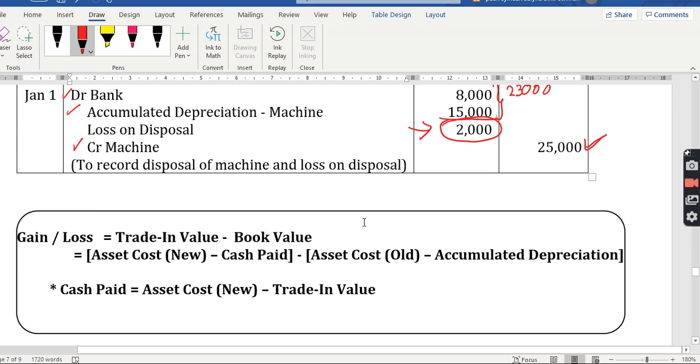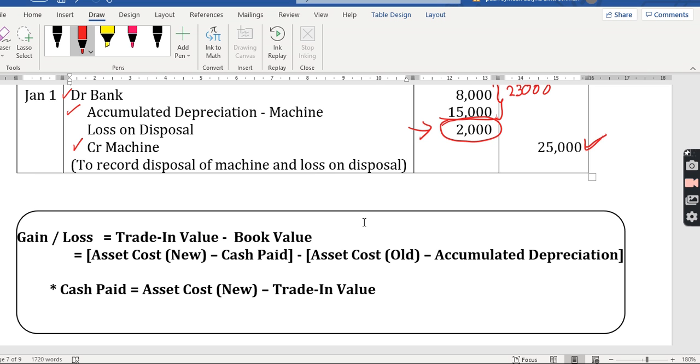Now we're going to see how we journalize our transaction if we are doing a trade-in. In the question, normally you are given an amount that is called a trade-in value. What is a trade-in value? Trade-in value ataupun nilai tukar ganti is something that the buyer of the old asset gives you as an allowance to reduce the amount that you need to pay.